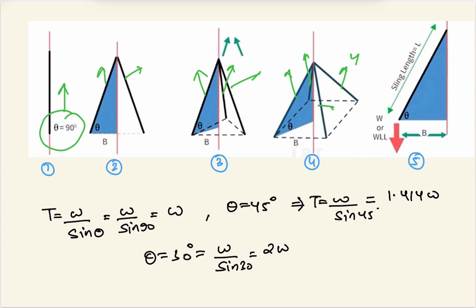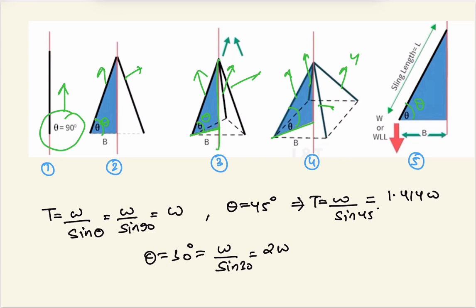Whenever we are using a 2, 3 or 4 bridle hitch, we have to check the angle theta that the sling is making with the object. This is angle theta, the angle made with the vertical line.